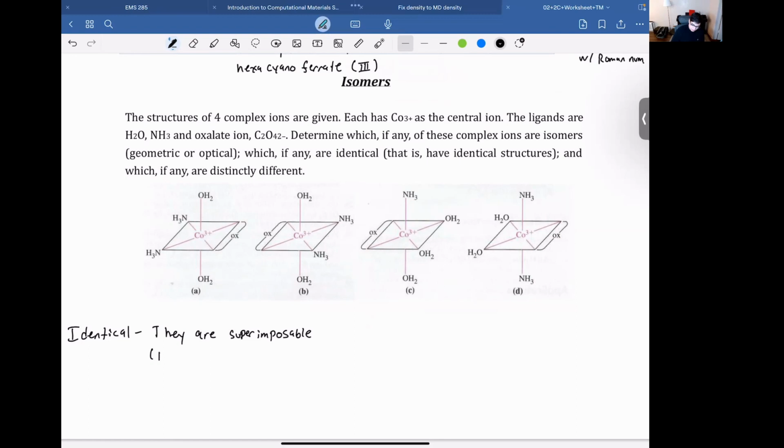So you can line up every part of the object and place them on each other, assuming they were intangible.